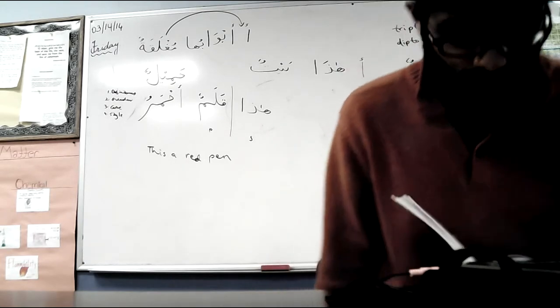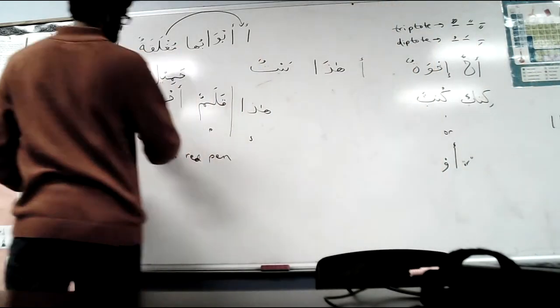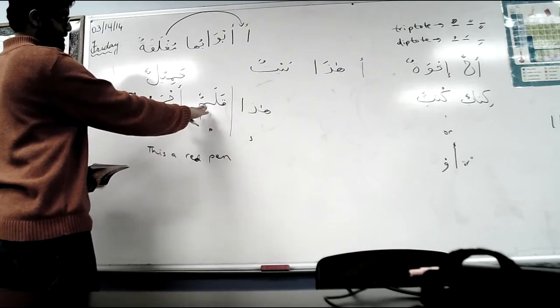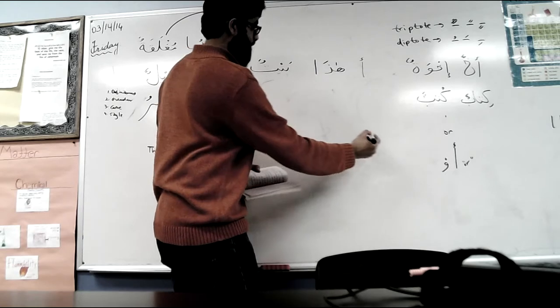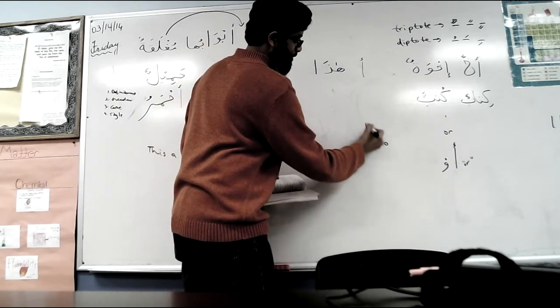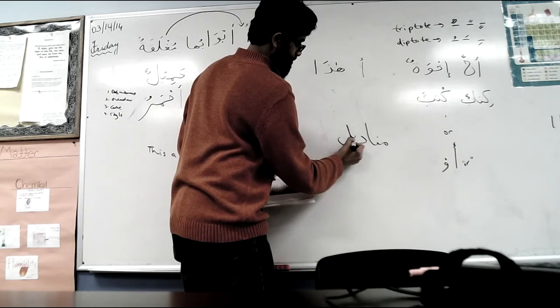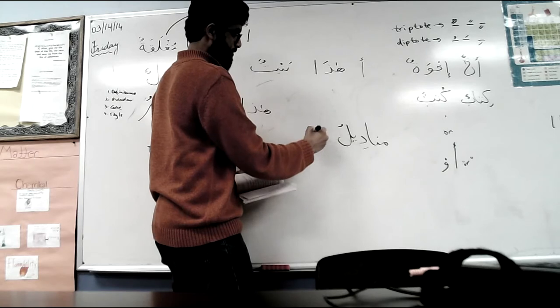So, just like the adjective can be mamnu' and the noun that it's describing is not, you can have the opposite, where the noun that you're describing is mamnu'. Manadilu. Why is manadilu mamnu' min as-sarf?